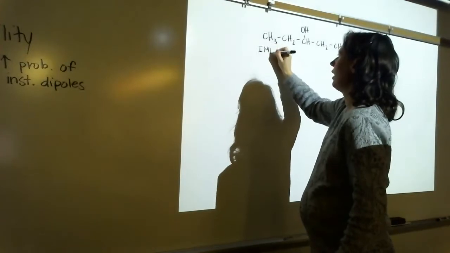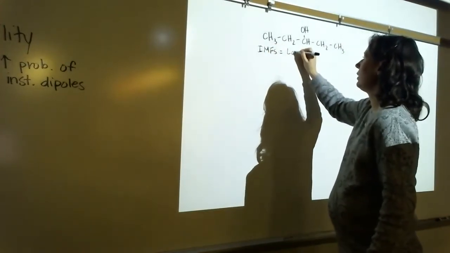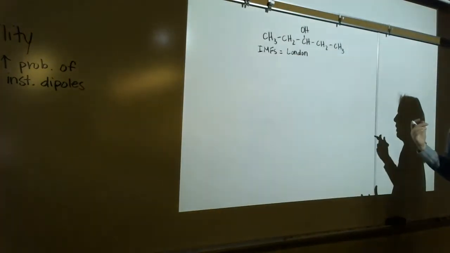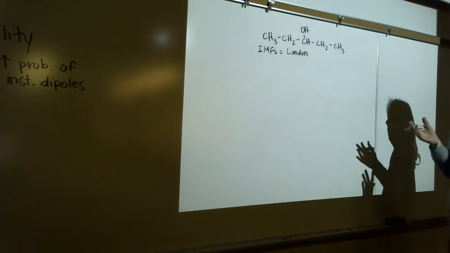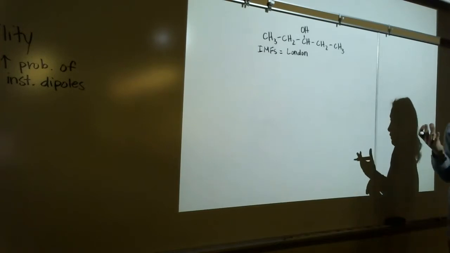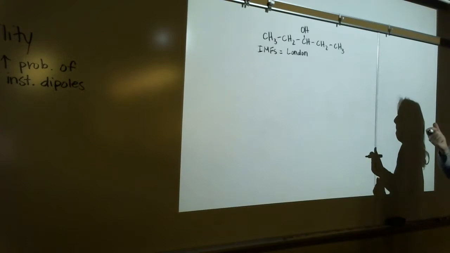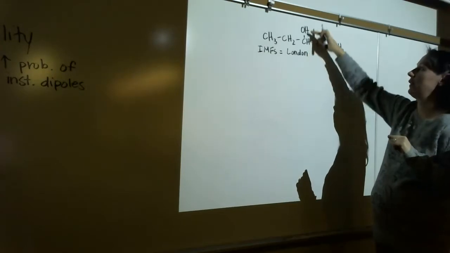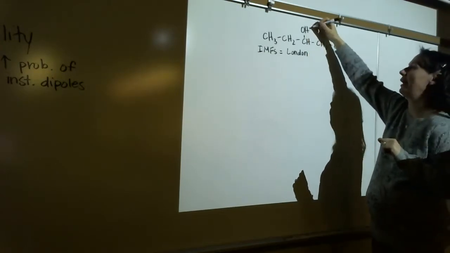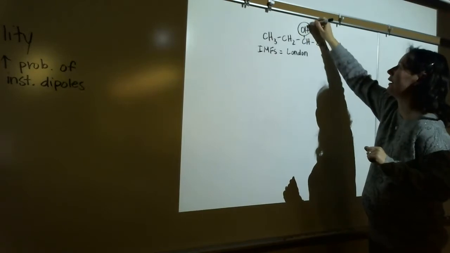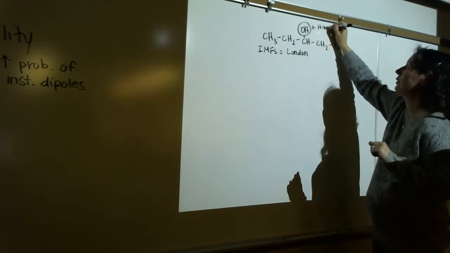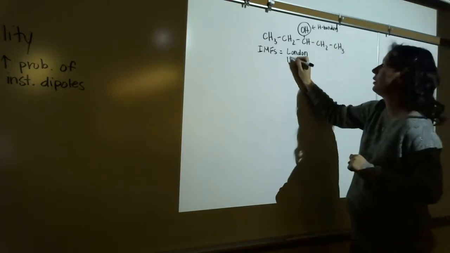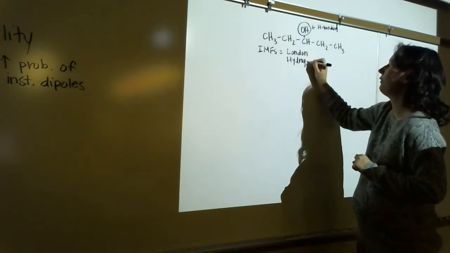The default answer is always London, and then we just need to decide, is there anything beyond that? Okay, is there a region where we've got a partial positive or a partial negative? Is the middle one since it's C and O? Here? Yeah. That's a CH and that's an OH. So that's my handwriting, sorry. That's an OH. This part right here is hydrogen bonding. I think that's what you're getting at, right? Yeah. So anytime you have an OH, you will have hydrogen bonding.